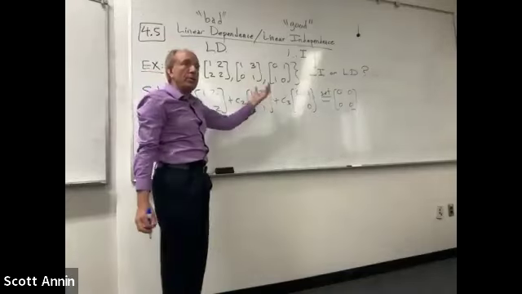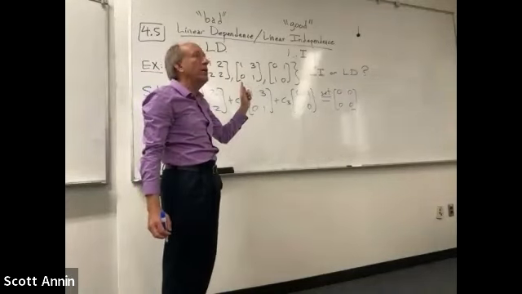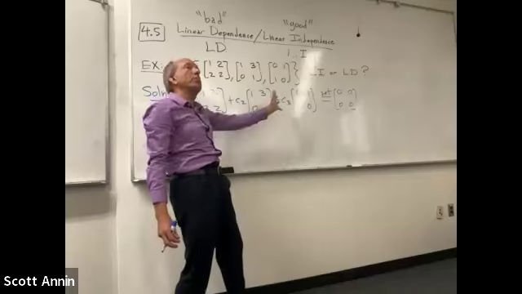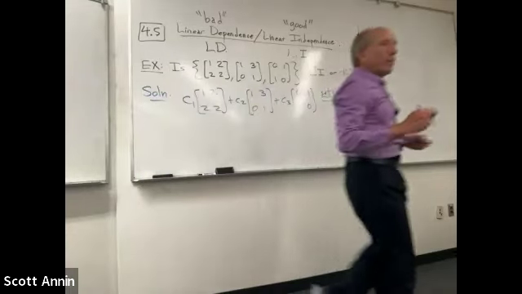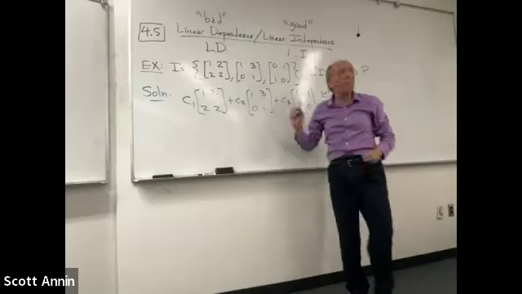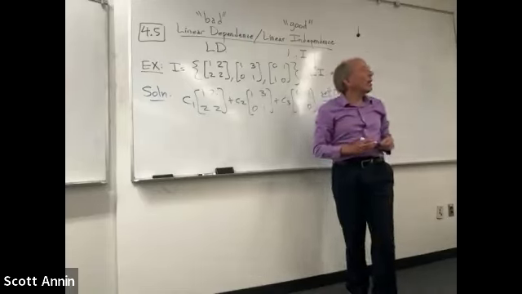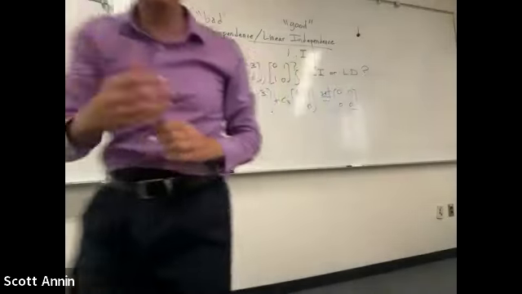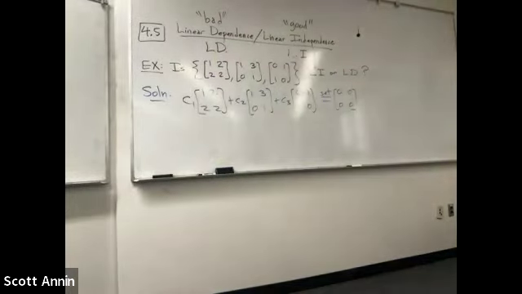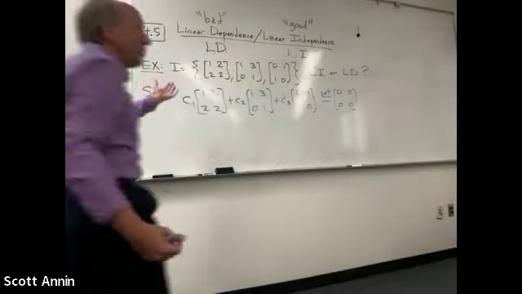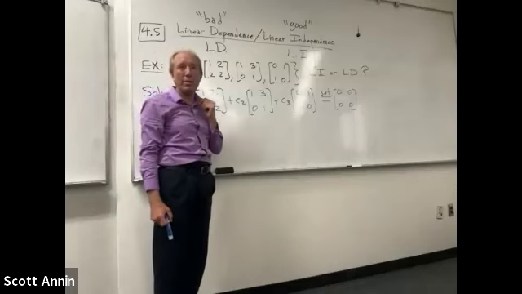If I set up this linear combination, the question with what I wrote in blue is, do the constants have to be 0? Or could I solve them without the constants being 0? Is there an interesting way to cancel these vectors out or not? That's the question.